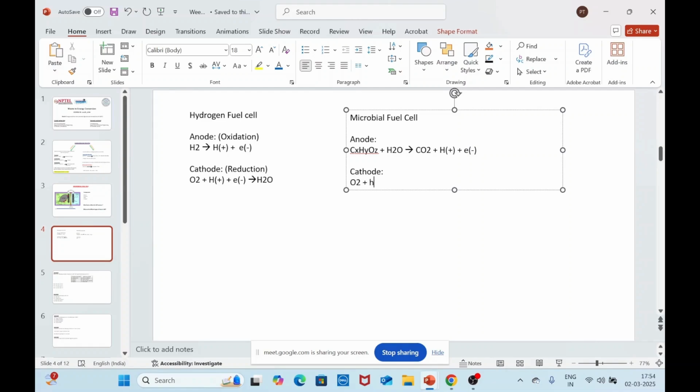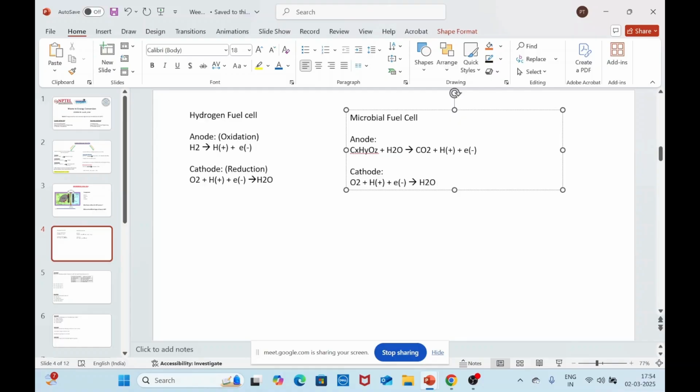It will be something like this. Again, I'm going to write here the empirical form so that it can be generalized for any kind of organic matter that you're going to take under consideration. This will give rise to water.